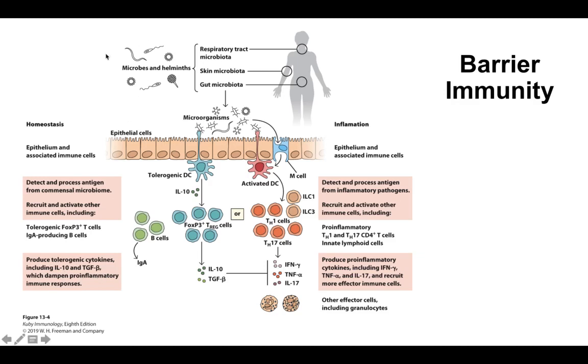If you don't have a good homeostatic balance, you can get inflammation in response to antigens that are pathogens, and you can ultimately activate Th1 and Th17 cells and innate lymphoid cells to then recruit other cells, including granulocytes, to help try to remove any pathogens that are there. So there's this constant balance between being tolerant and being inflamed in the gut.